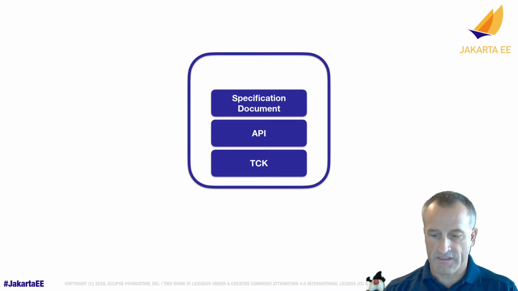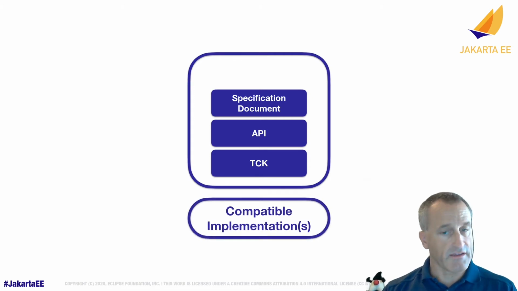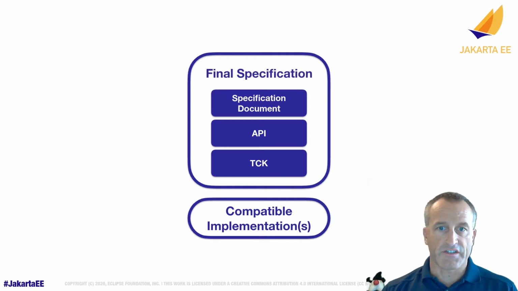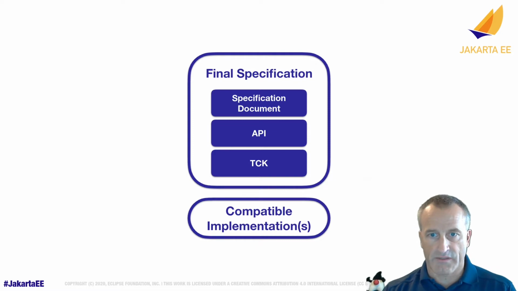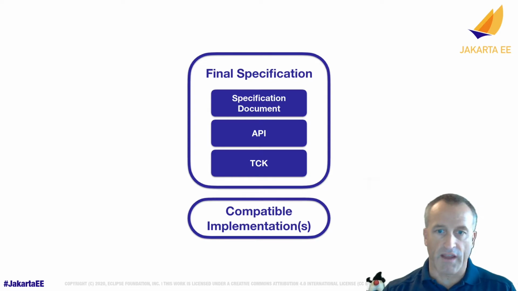And all of this together with a compatible implementation or more will be used to create a final specification. So you cannot release a final specification before you have actually proven that it's implementable and you have one or more compatible implementations. This is exactly as it was in the JCP, but we think we have a little bit more open and transparent process here.